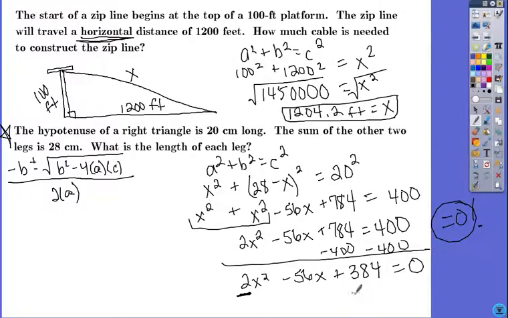Okay, in this case, a is 2, b is negative 56, and c is 384. A, b, c. So then I'm just going to plug these numbers in.